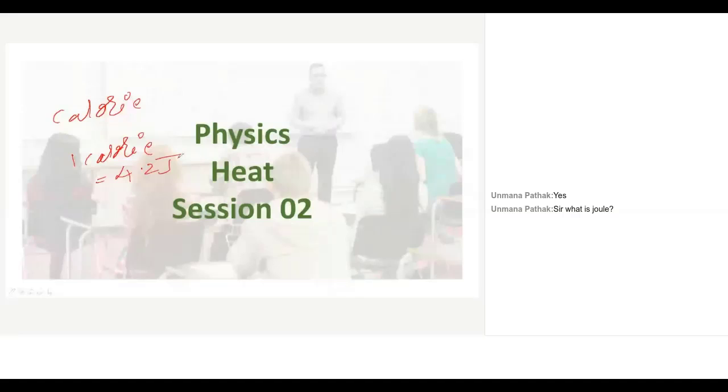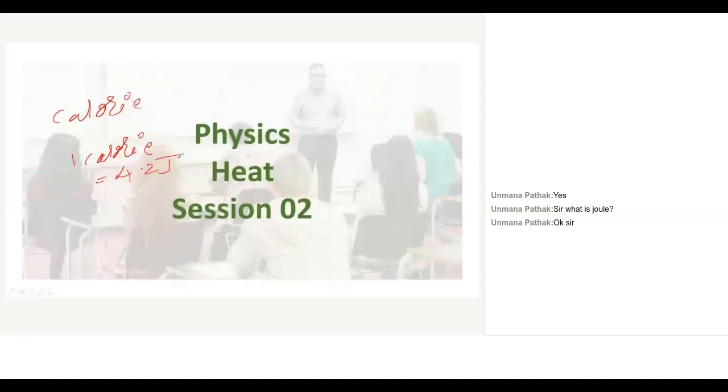That MKS system was replaced by one more system which is called SI, System of International. The units in SI will be accepted all over the world. So it is a world recognized system of units, and in the SI system, the unit of energy will be joule.